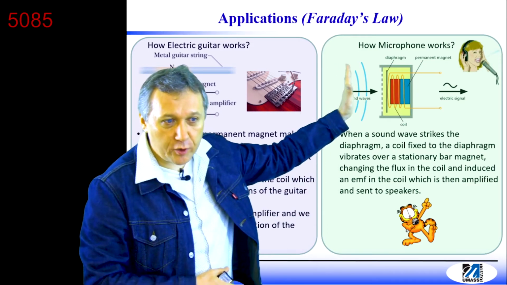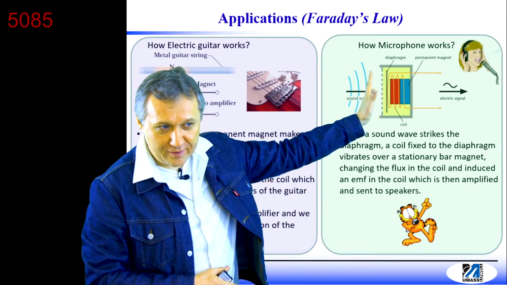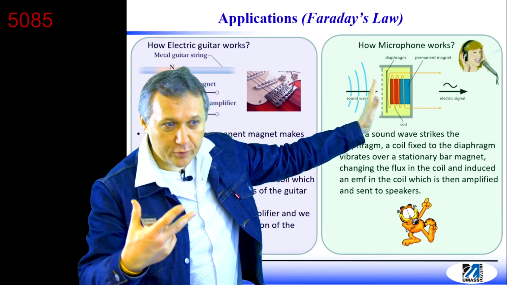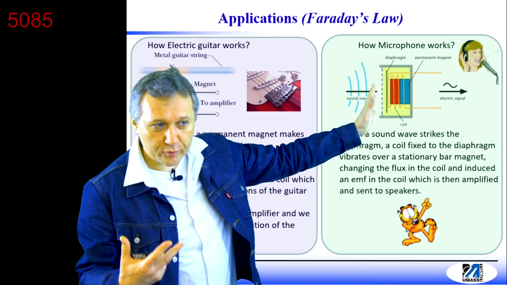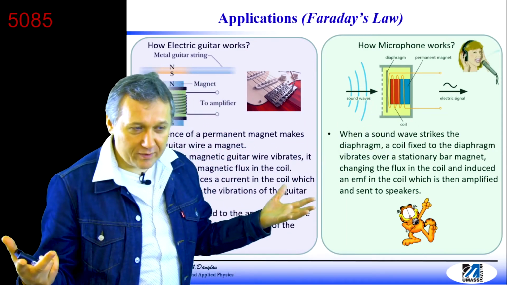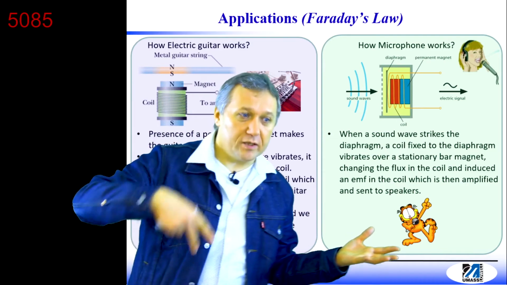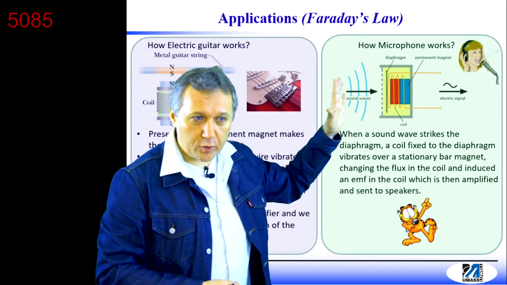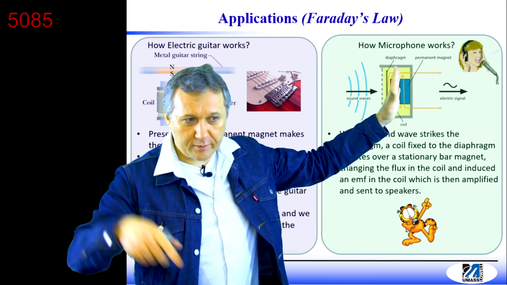So flux increases, and the loop responds to that. The flux increases, the loop starts behaving like a rebel and starts driving current in the proper direction, let's say clockwise.